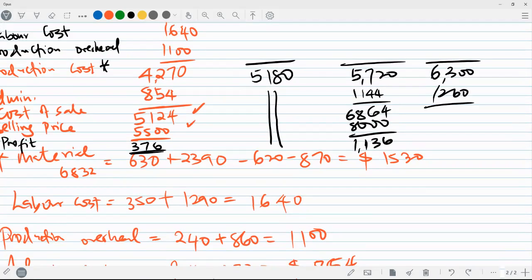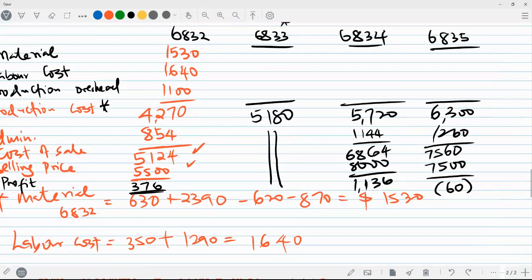Total cost is equal to 7560. Selling price, the amount that was charged to the customer, was 2,500. Therefore, the company has made a loss. And that's what you're meant to have done in that particular question.